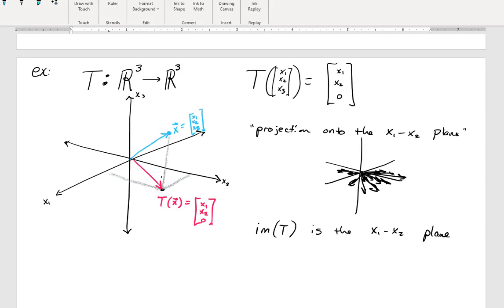We could even say the image is R2. We're not going to say the image is R2, by technicality, because you could think of all the two-dimensional vectors as three-dimensional vectors whose z-coordinate is 0. But we have expressly written it as a three-dimensional vector. So that's R3.